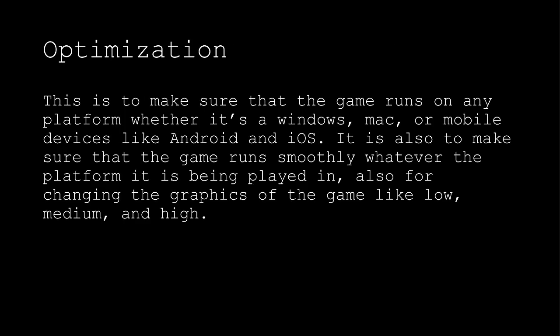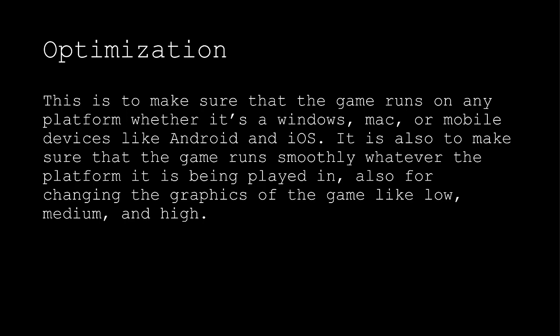This is for whether your game is compatible with Android, iOS, Mac, Windows, or console as well. Optimization can also be in changing the graphics, like high, low, and medium, like anti-aliasing.